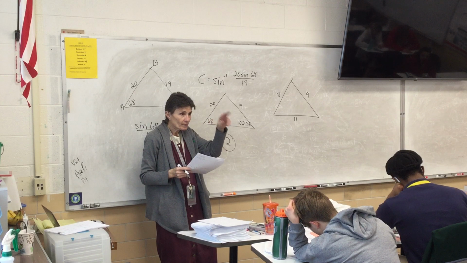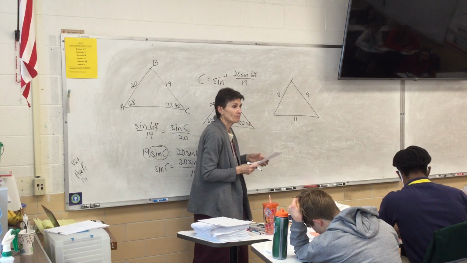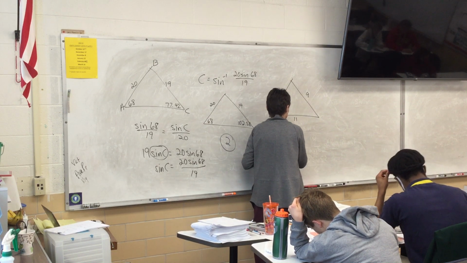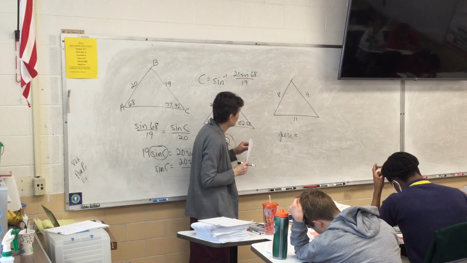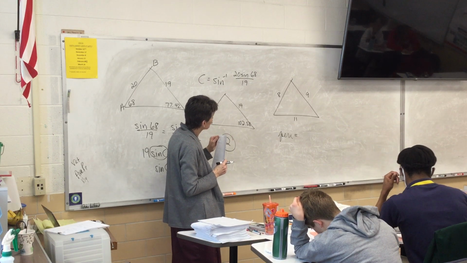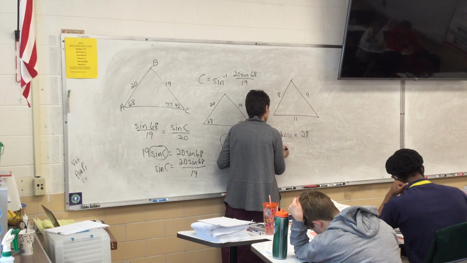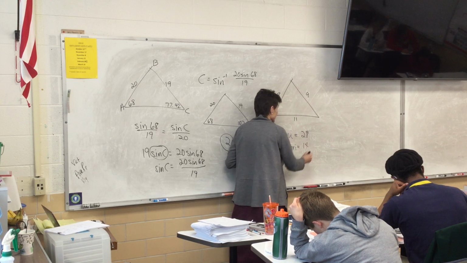I have all three sides, so therefore I can find the perimeter. Step 1: what's the perimeter of this triangle? 28. So what's the semi-perimeter? 14.